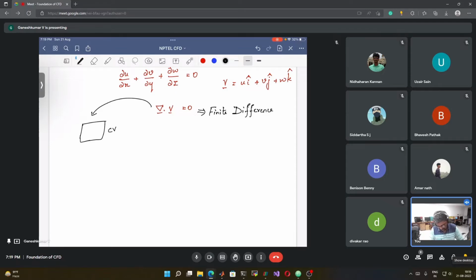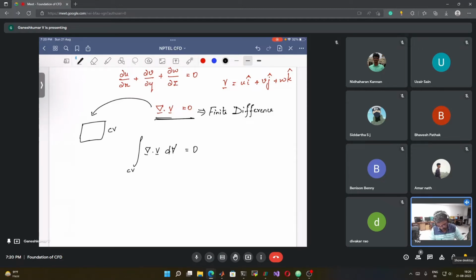You have to integrate this equation for a small volume. If you integrate the differential equation for a whole control volume, then you get what is called the integral equation.